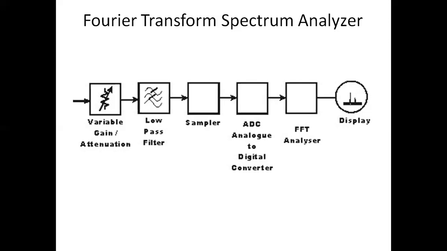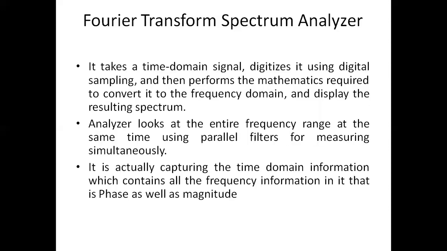The low pass filter will remove the noise components in the signal, and then the signal is sampled and digitized in the ADC, and then FFT analysis is done, and the spectrum is displayed using the Fourier transform spectrum analyzer or FFT spectrum analyzer.